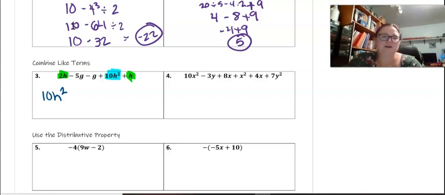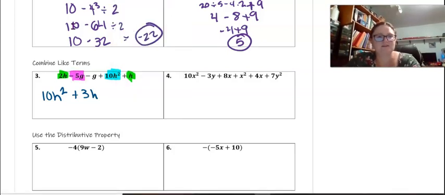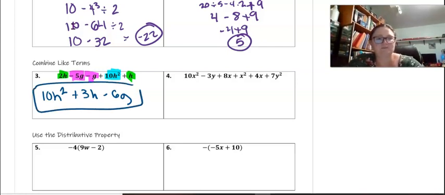And I don't know if we've done one like this in class, but if you just have h, hopefully you know that means 1h. So that would be plus 3h. Hopefully you've seen one of those before. Okay, and then our last is g. So we have negative 5g and then minus g, which again is like 1g. So actually this means we have negative 6g's. So your final answer there should be 10h squared plus 3h minus 6g.